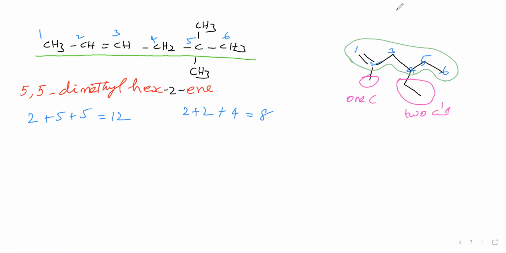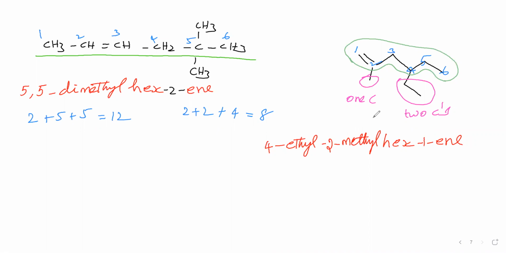Two carbons means ethyl, one carbon means methyl. This methyl is present at the second carbon, this ethyl is present at the fourth carbon. Totally 6 carbon atoms means hex, C=C double bond means ene, and that ene is present at the first carbon. So the name of this compound is this one.